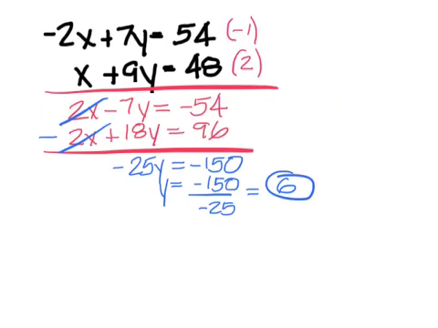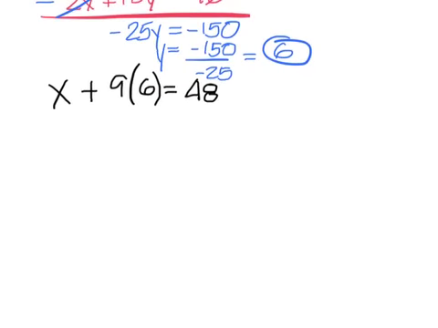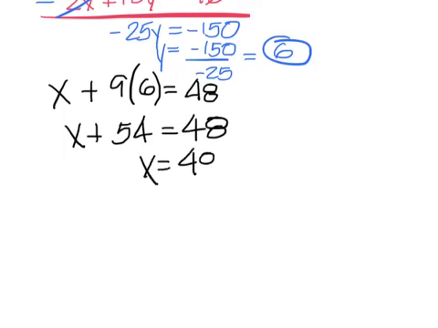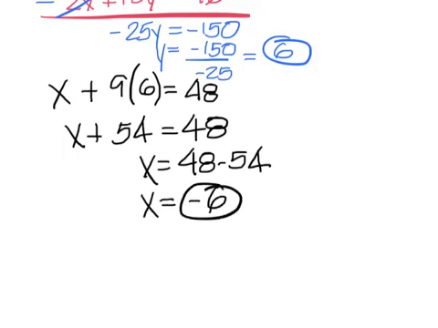We're going to plug 6 into the second equation, which is x plus 9y, but we're going to use 6 instead of y. So that's going to be x plus 54 equals 48. So x equals 48 minus 54, which is a -6. So my final answer is -6, 6.